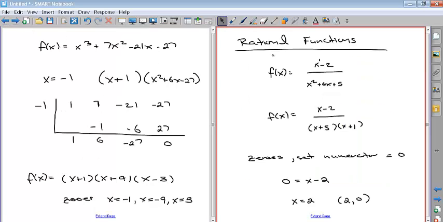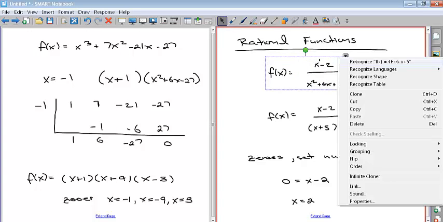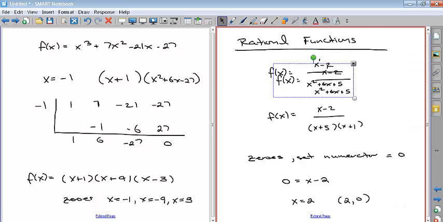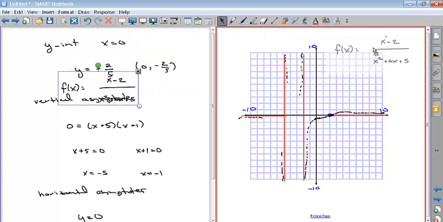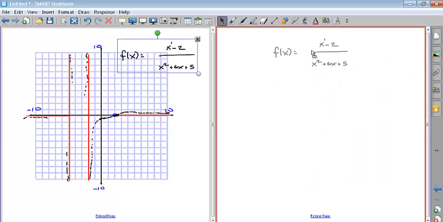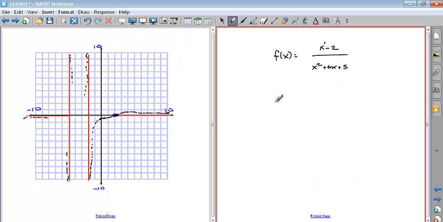So let's go back here and let me take this function and bring it with me so that I can evaluate the function at 2 extra places. So I'm going to do f of negative 3.5. So that's negative 3.5 minus 2 divided by negative 3.5 squared plus 6 times negative 3.5 plus 5.